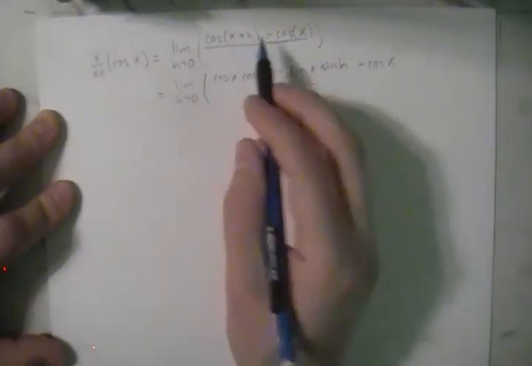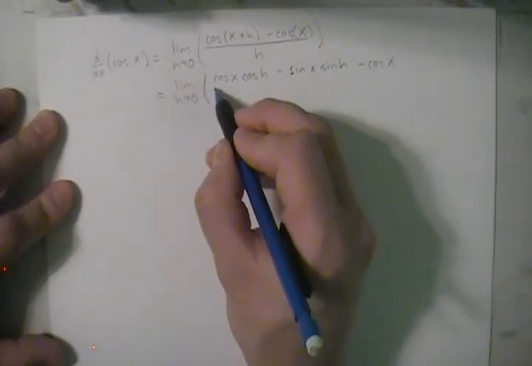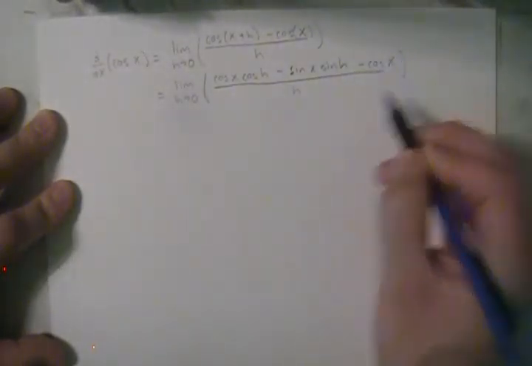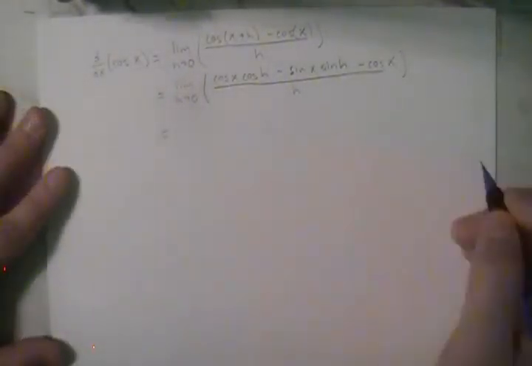So we use the cosine angle addition formula to expand it, and then we'll change the form around a little bit to uncover those limit forms.